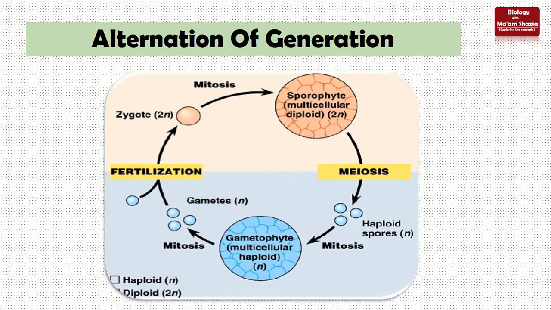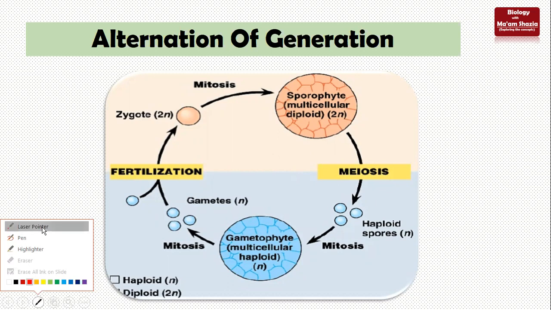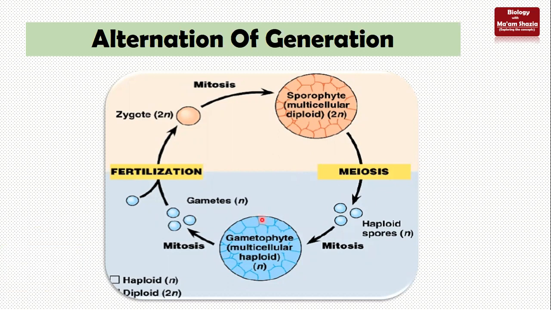One generation is the sporophyte, the other is the gametophyte generation. This is the sporophyte generation. The sporophyte generation is diploid, right? It is the spore producing generation. As it is going to produce the spores, that's why it is called a sporophyte.